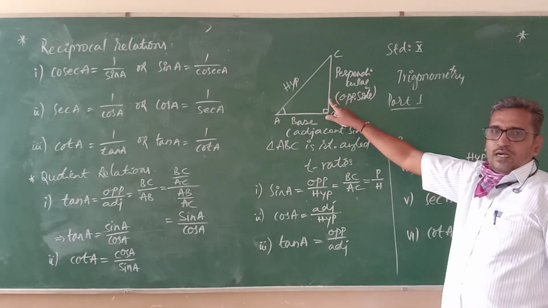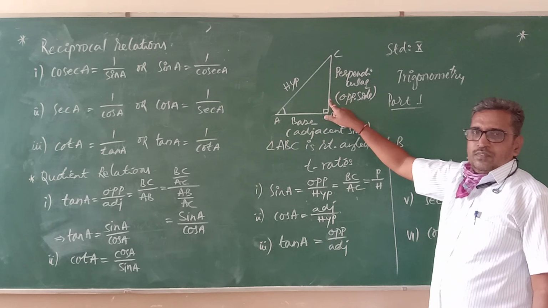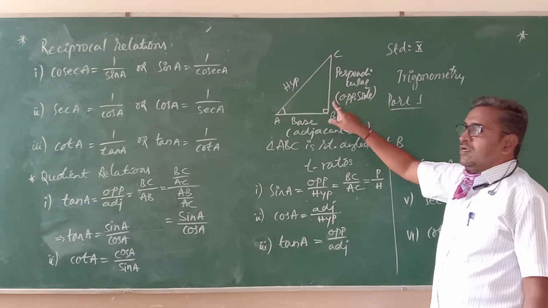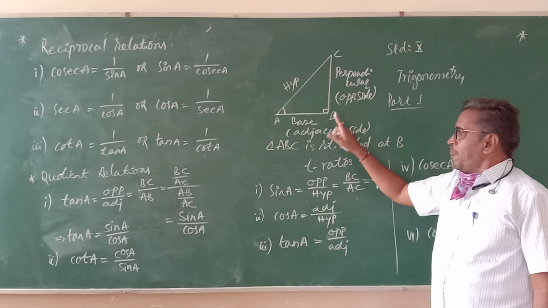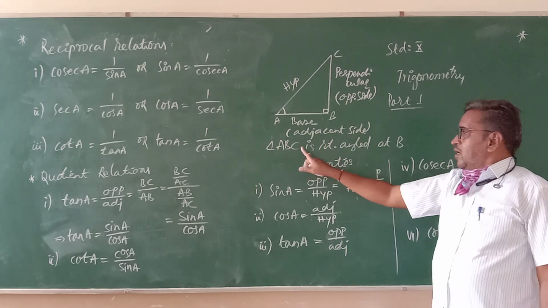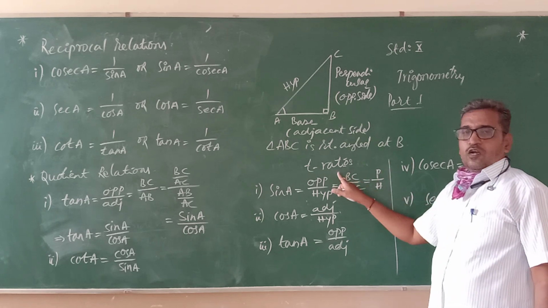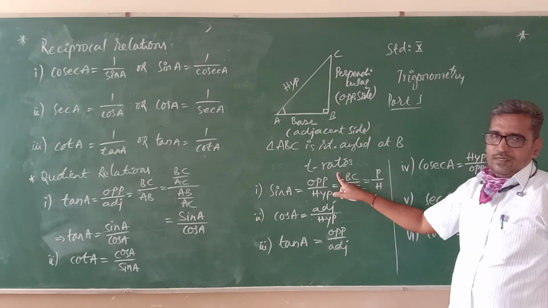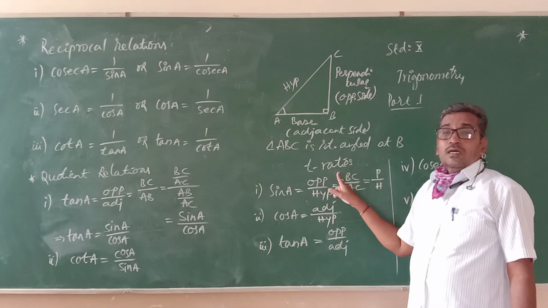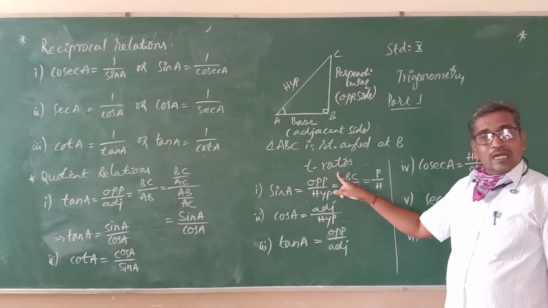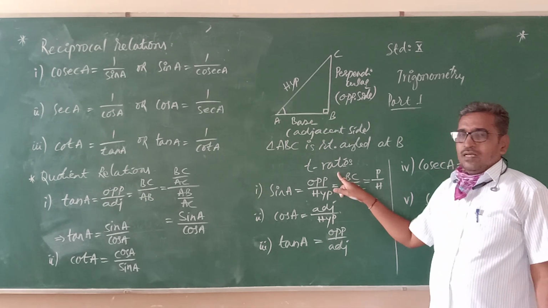Once again, ABC is a right angled triangle, right angled at B. Trigonometric ratios define the relation between the sides of the right angled triangle, not angles.